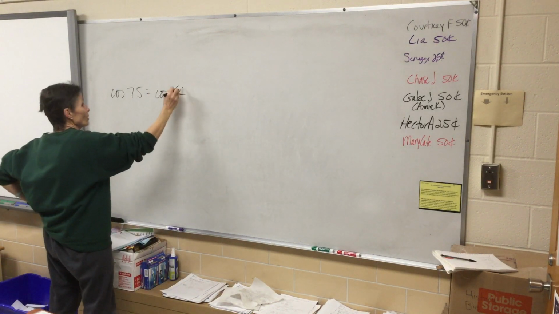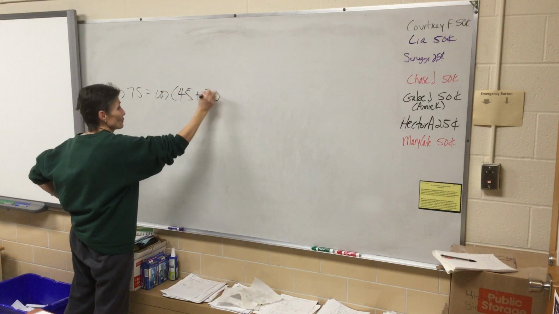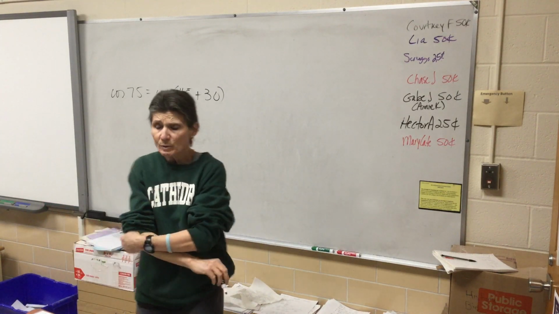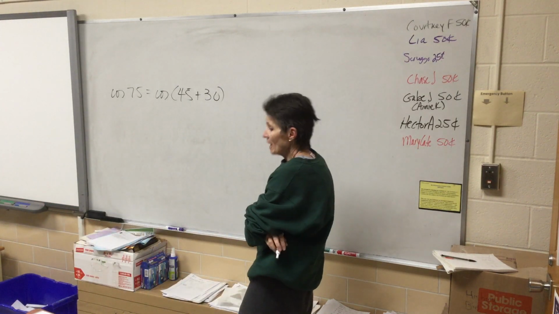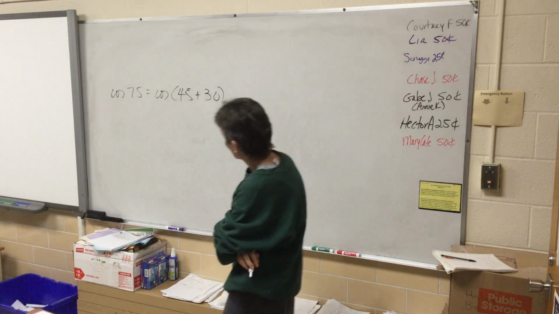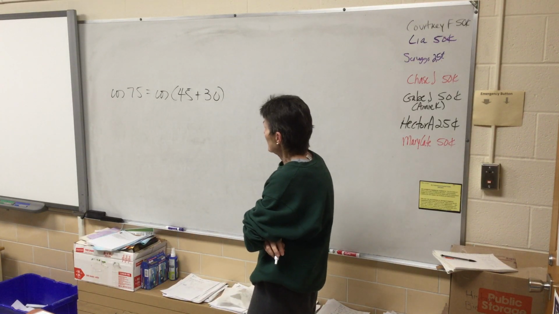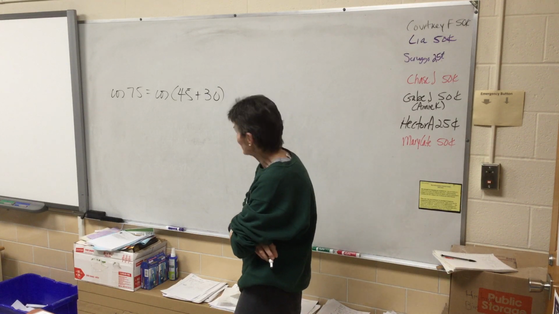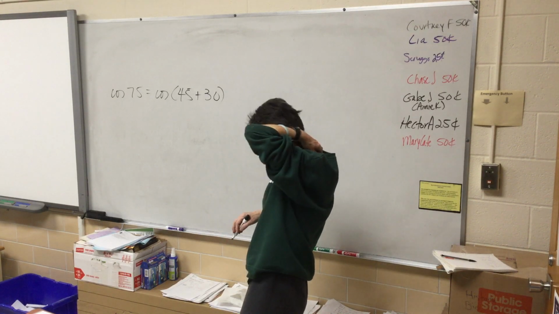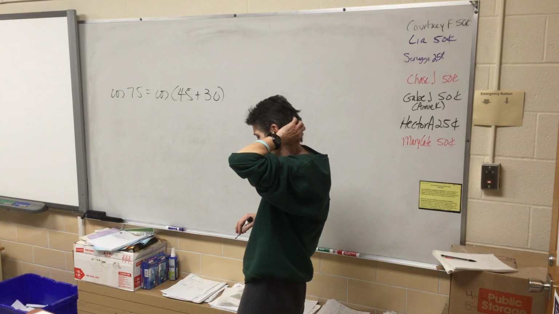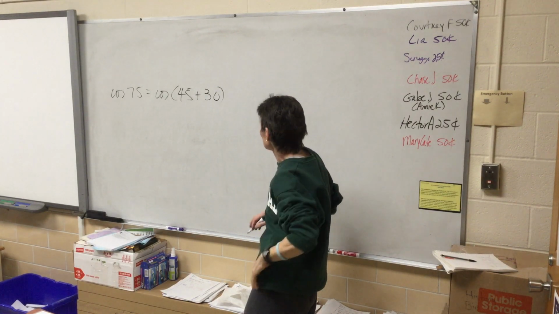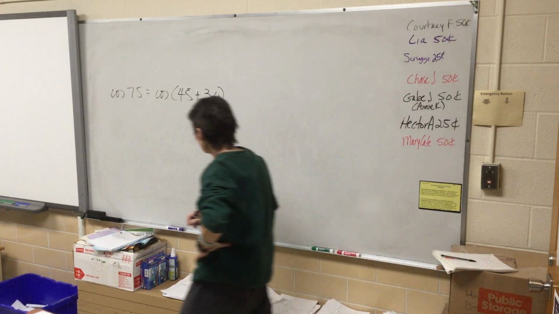Now, 45 and 30 are the most obvious, but when we did this in our notes, we talked about how there are lots of ways you can get 75 degrees. It does not have to be 45 and 30, but those are certainly the easiest. So I don't want you to go out of your way trying to get wild and crazy. Just use the obvious ones, although there are others that will work.